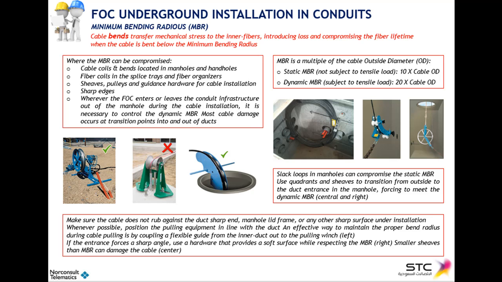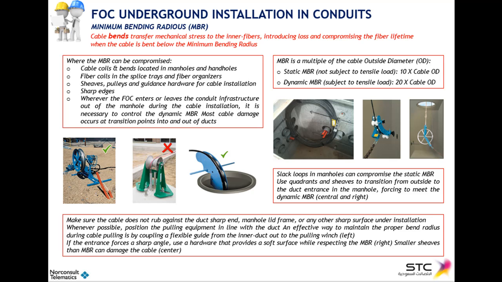On the fiber types changing the minimum bending radius, please do not get confused between the minimum bending radius of the core fiber inside the cable and the minimum bending radius of the cable itself. Different types of fibers, such as the G657A, B, and so on, are bending sensitive, so they have better bending radius performance compared to the standard G652D fibers.